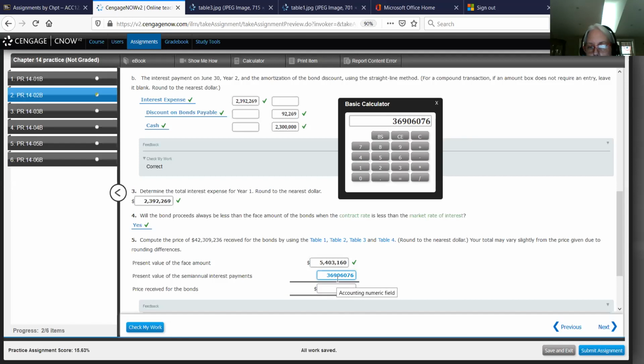It's 36,906,076. If you combine both of these together, it will bring you back up to the cash amount that was the price of the bonds, which is $42,309,236.